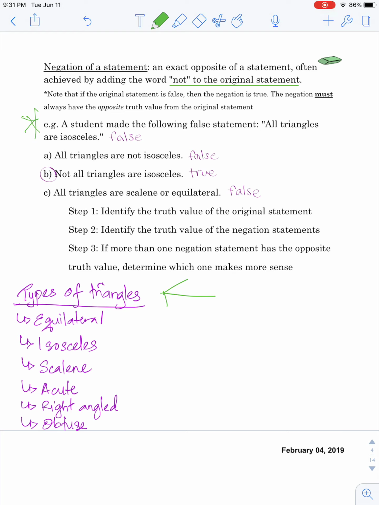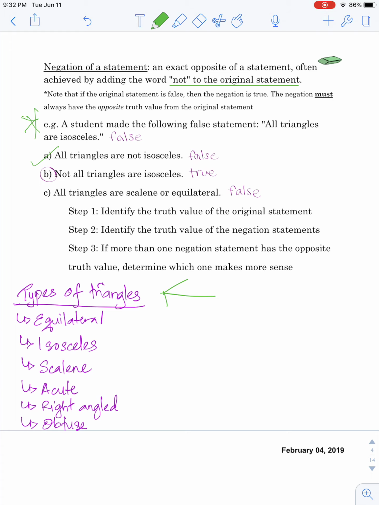So we have many different types of triangles. Therefore, that statement, all triangles are isosceles, is a false statement. Now, look at A. All triangles are not isosceles. That is a false statement. Now, why do you think that is a false statement?